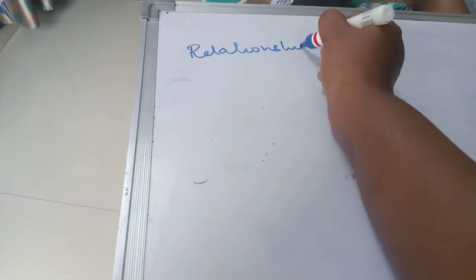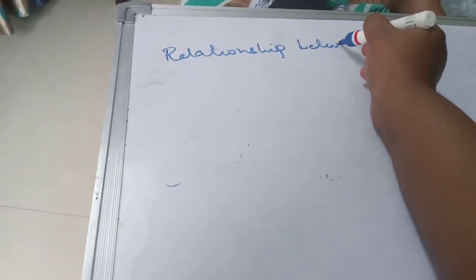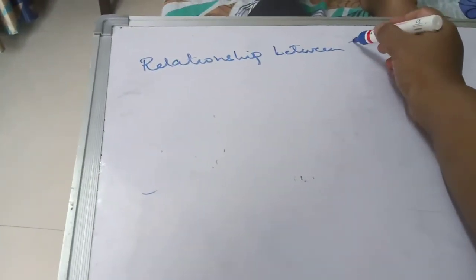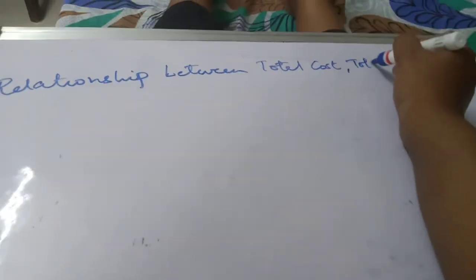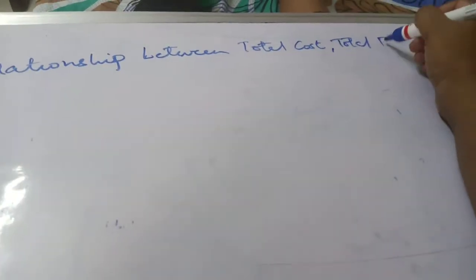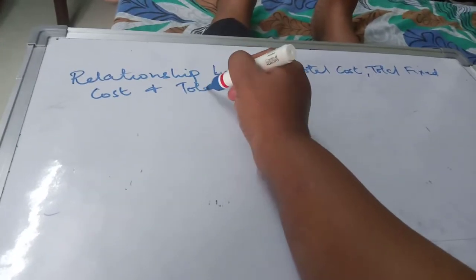Relationship between total cost, total fixed cost, and total variable cost.